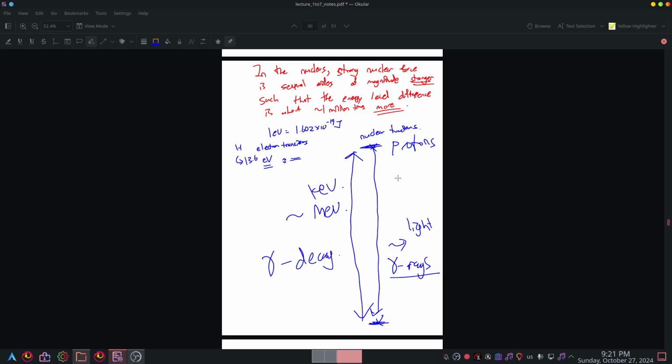So anyway, one more note. This is not to scale. If the energy transition is this much, maybe this is 1 mm, and this is maybe 10 cm, I will actually need to really draw this to scale.